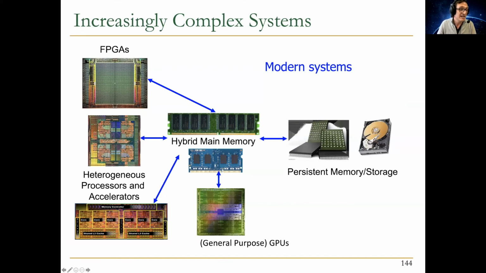You can have FPGAs, reconfigurable logic. You can have multiple different components connected to memories that are also heterogeneous. Some memories are fast, some memories are slow. And then you have some persistent memory and storage, which may also include non-volatile memory. So modern systems are increasingly complex and heterogeneous, basically. They're not easy to manage, but they enable much more opportunity than before.